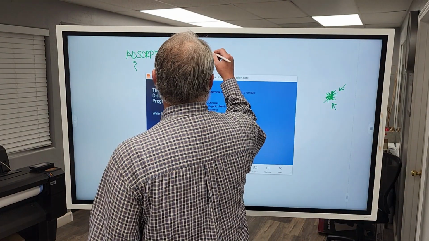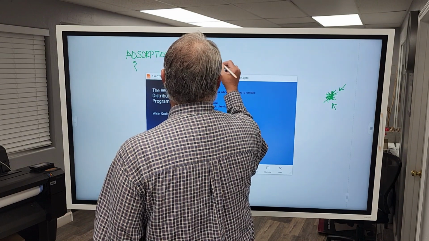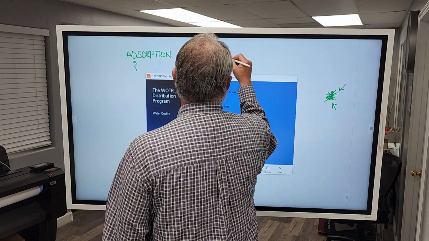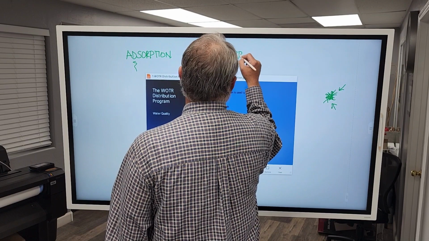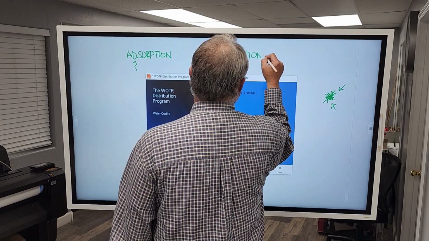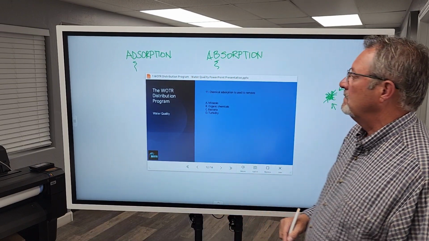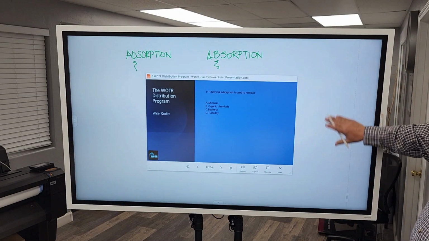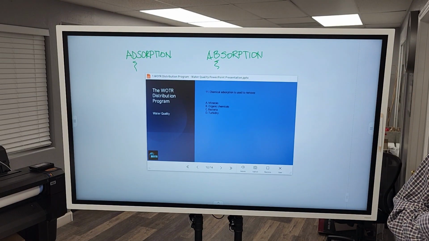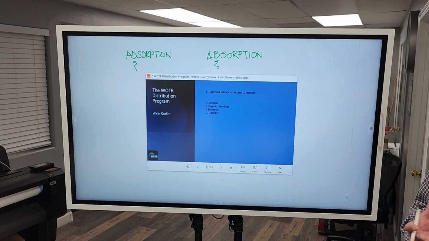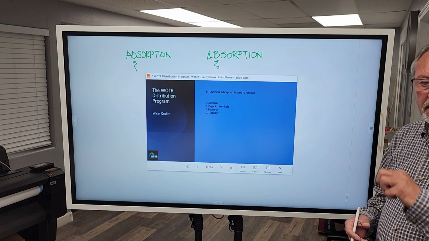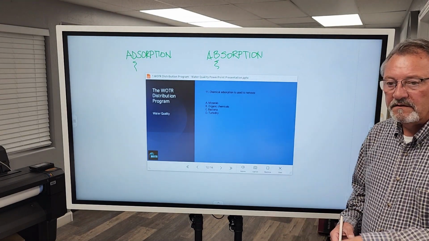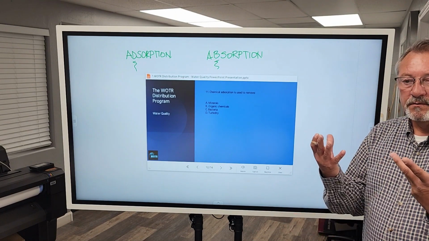We also want to be familiar with absorption. What is absorption? Well, absorption is like a sponge. If you take a dry sponge and you drop it on water you've spilled on the table, it's going to absorb it.